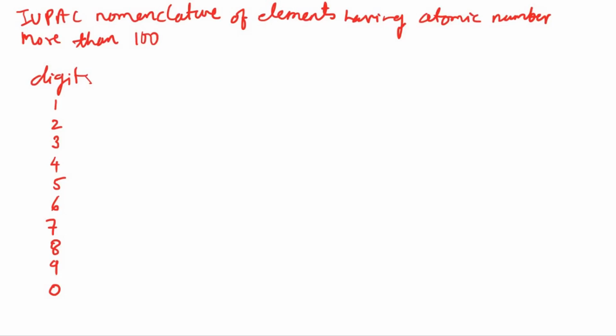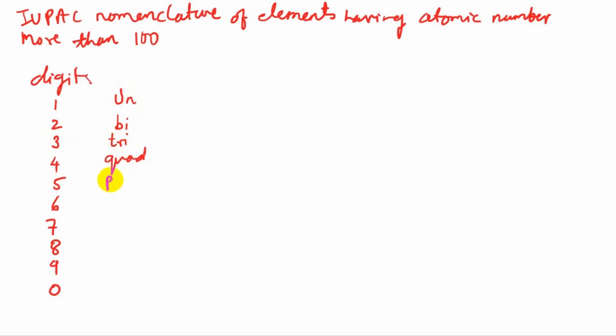Clear? So to know about this, we take the names this way. Look here, digits. These digits have certain names, isn't it? One is called un, and generally we write U N. Two means bi. Three means tri. Four means quad.